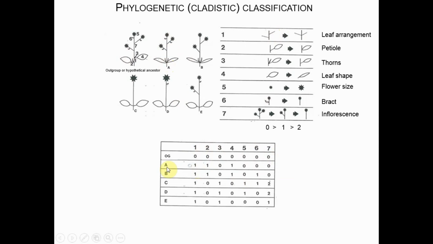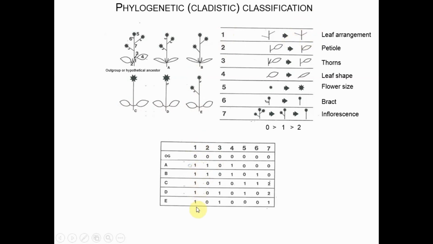So taxon A, you would see has opposite leaves, so you would put a 1. Taxon B also has opposite leaves, a 1. C, D, and E, you can see all of them have opposite leaves, so all of them would be assigned a 1 for character 1, because they all have opposite leaves.